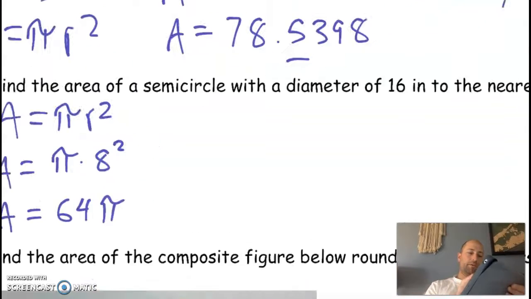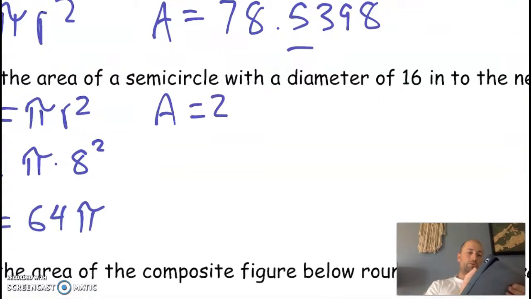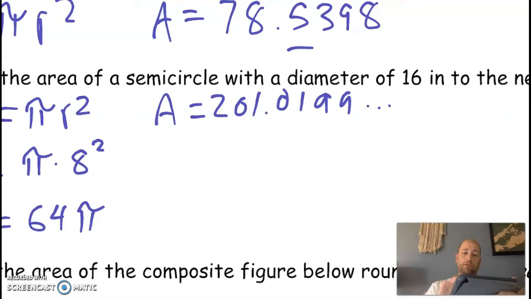64 pi, we already used this one as well, was 201.0619. Okay. So what I'm going to do now is take that answer. It's half a circle, so I'm going to divide that answer by 2. So that's 100.53.